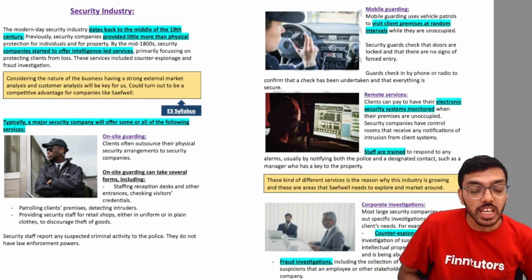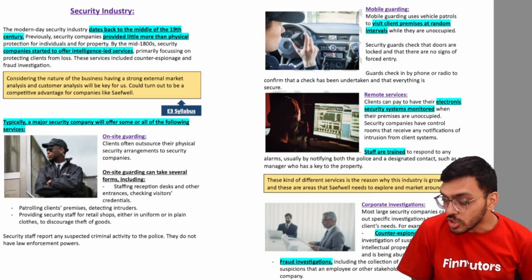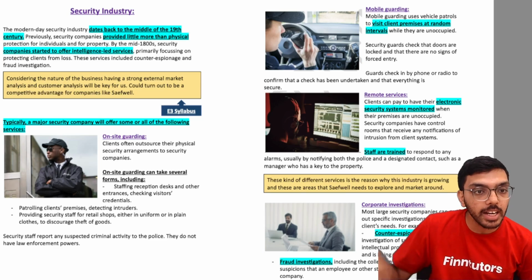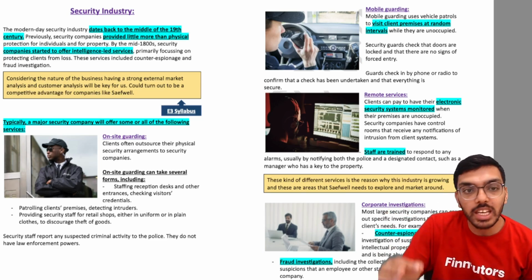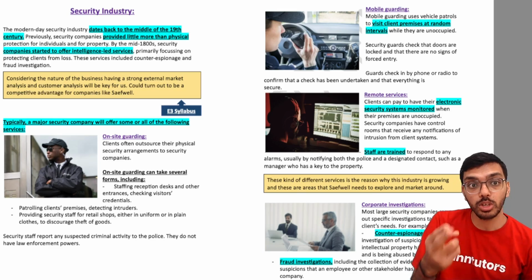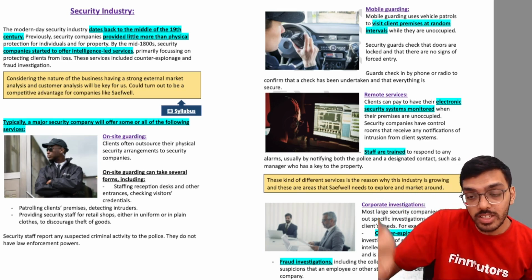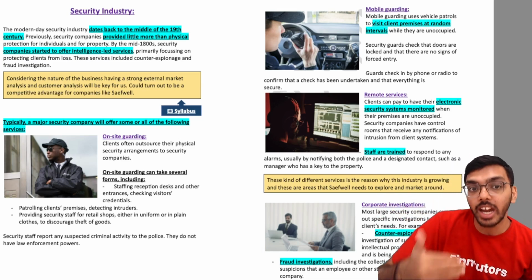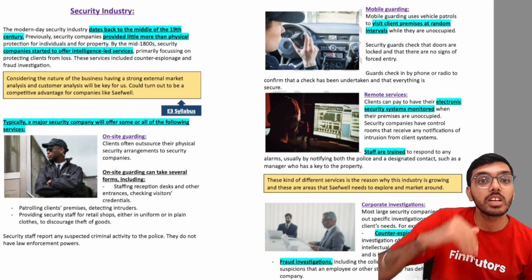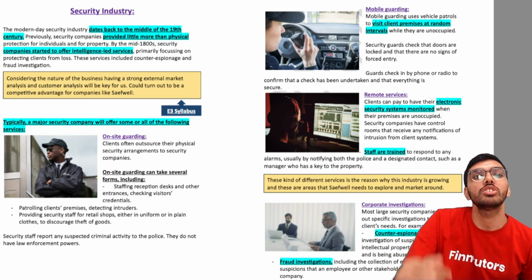So considering the nature of the business, having a strong external market analysis and customer analysis will be very important for us, because you can see every century, or rather in today's modern world, in a decade, 2 decades, 50 years, industry hugely changes.